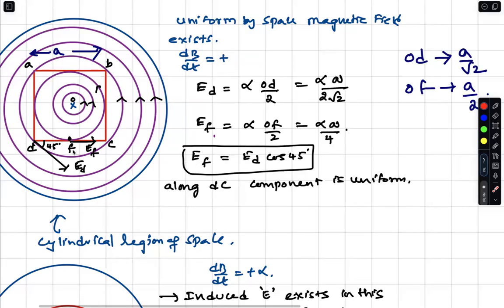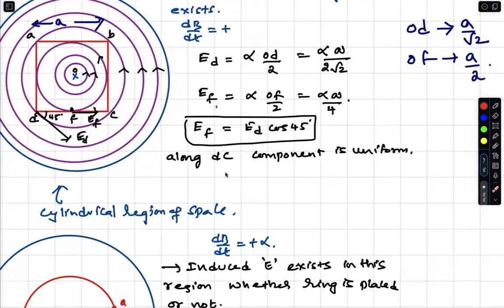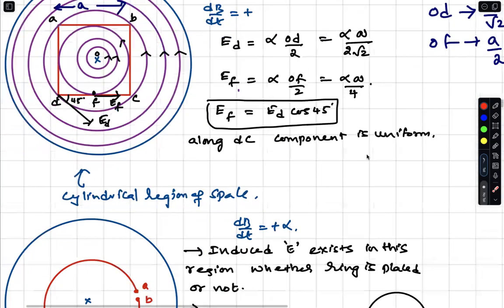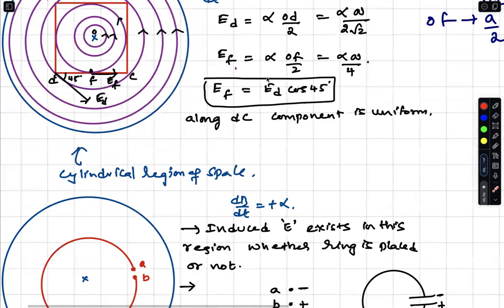If you notice, the component of ED along the direction of F is ED cos 45. Along DC, the component is uniform. How? See, what is ED cos 45?